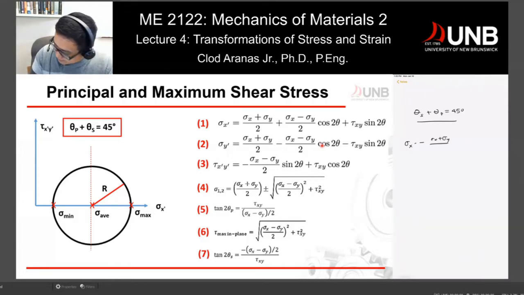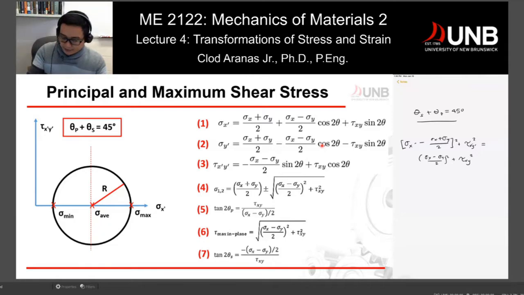Sigma y divided by 2, squared, plus tau xy, with primes, squared, is equivalent to sigma x minus sigma y divided by 2, squared, plus tau xy squared.